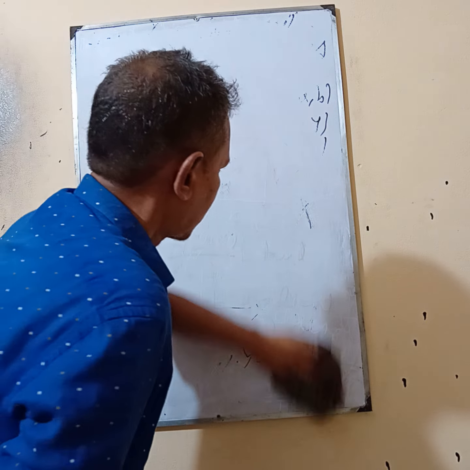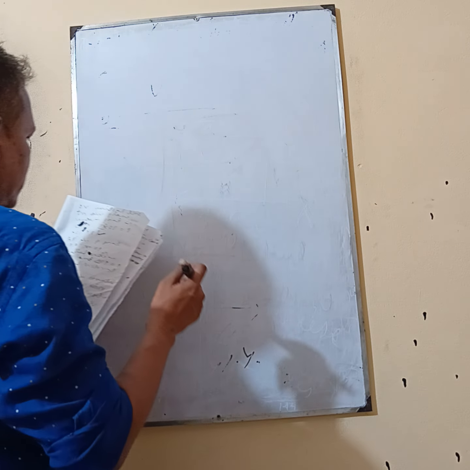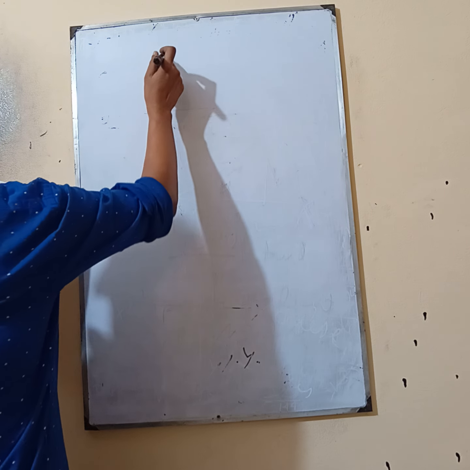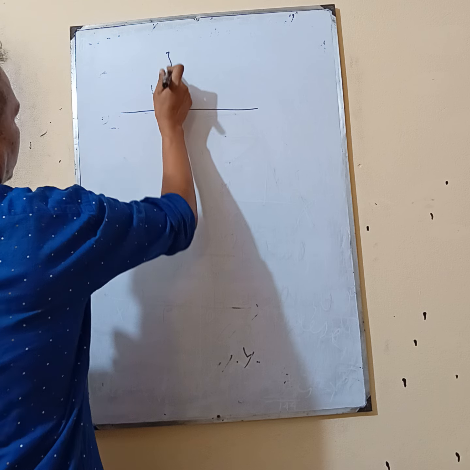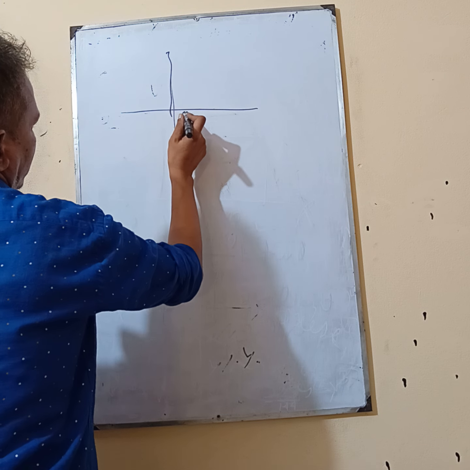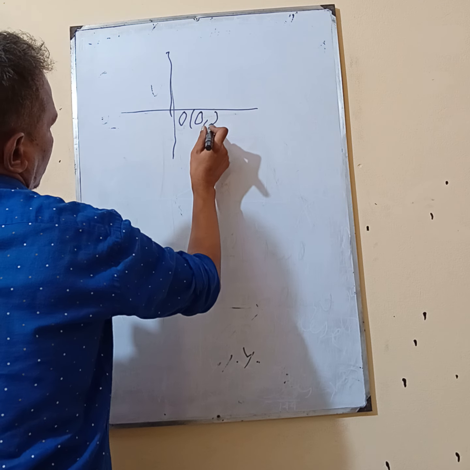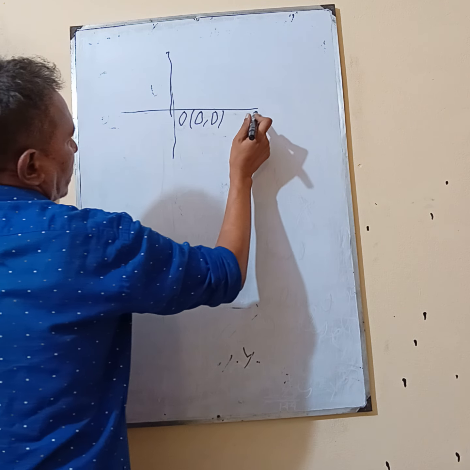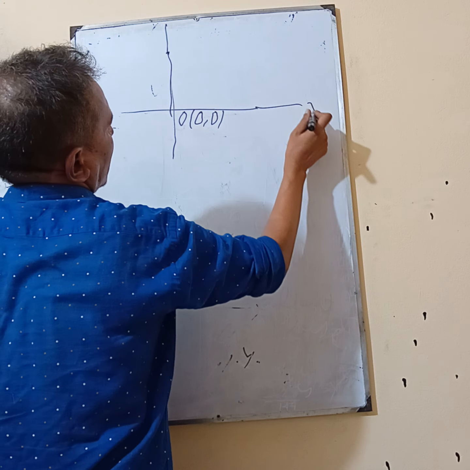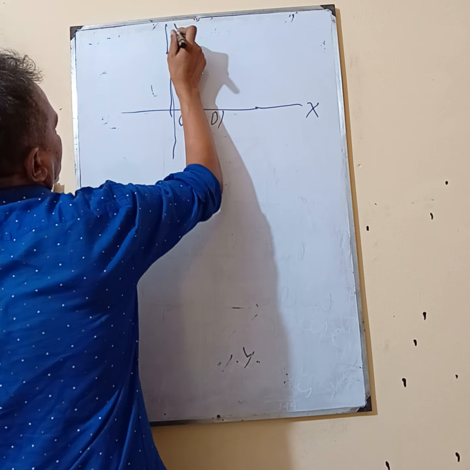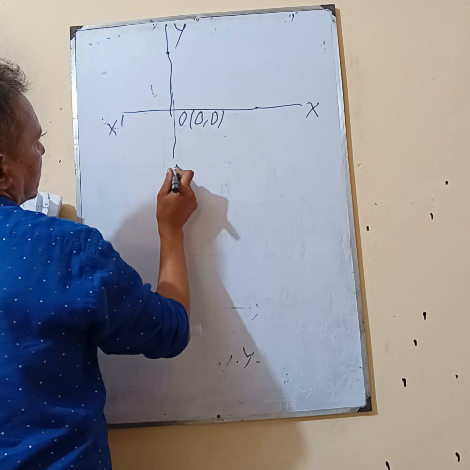Suppose it is four quadrants with origin (0, 0), with X, Y, X', Y'.